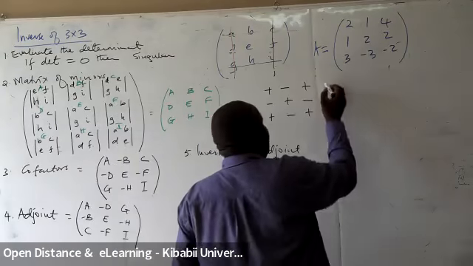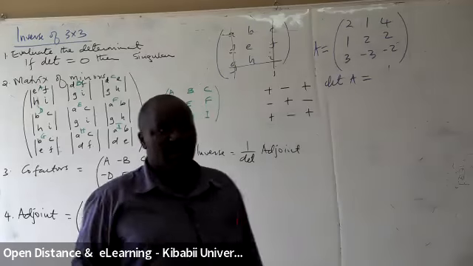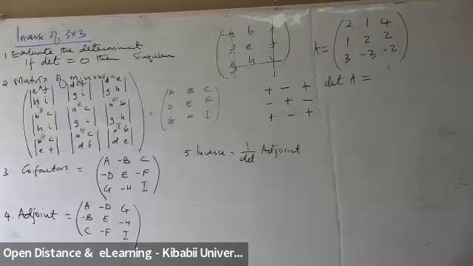Let us for step 1 get det A. Find the determinant of A to check if that matrix is singular or not.